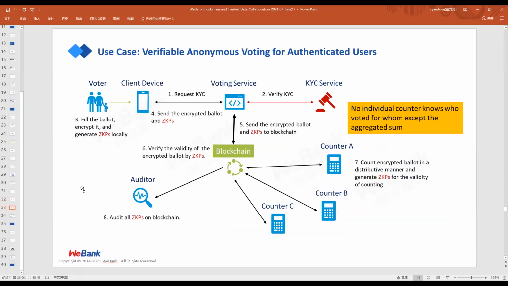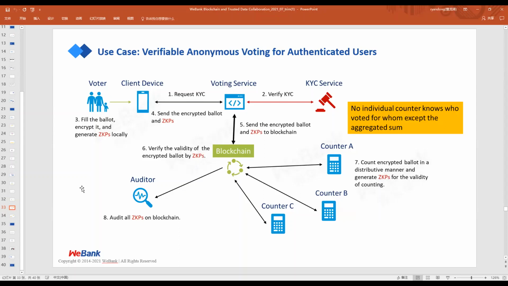The second use case I'm going to show you is the voting process. Voting is a very common activity and also important in your social life. This actually achieves three goals that are usually thought to be very hard to achieve. The first is that the voters are authenticated.